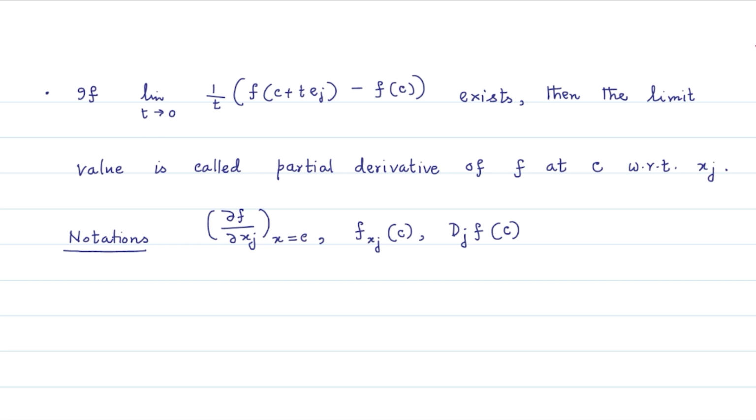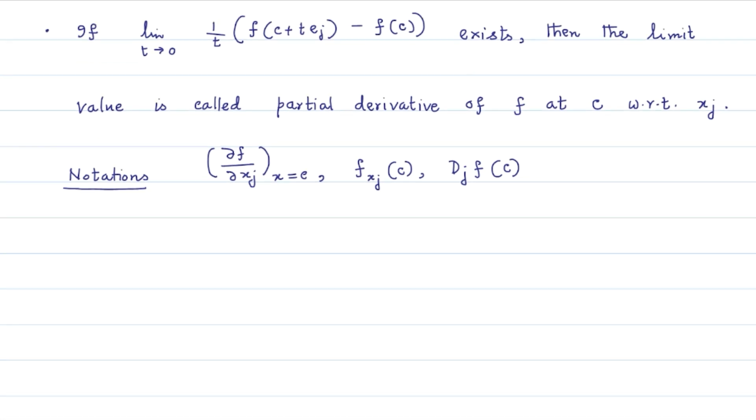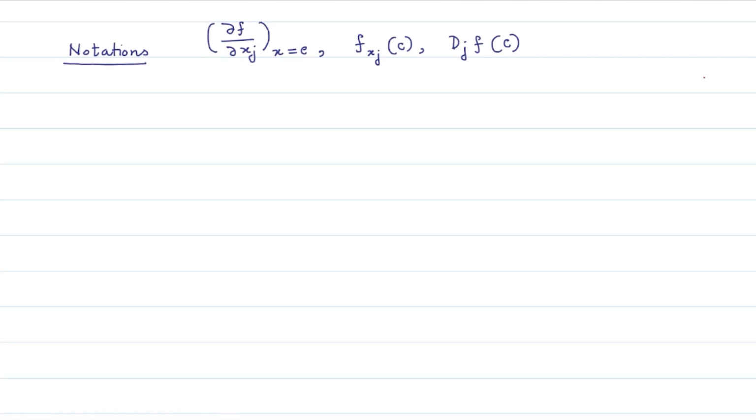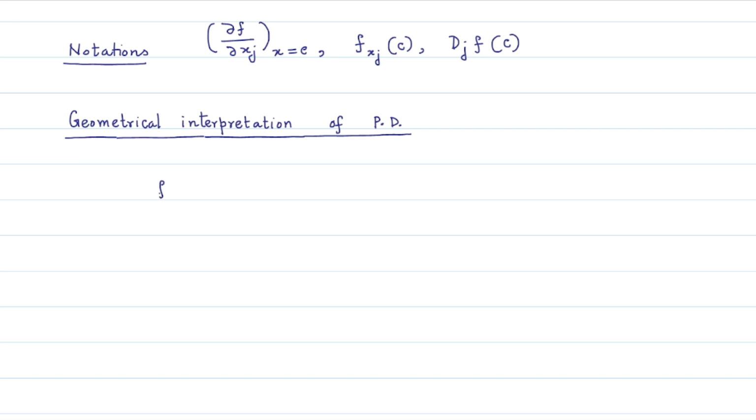I will give the geometrical interpretation for a function of two variables, and for functions of more than two variables the interpretation will be similar. Let's suppose we are given a function of two variables x1 and x2, and let us try to identify a geometrical interpretation of the partial derivative of f with respect to x1 at a point say c1 c2.